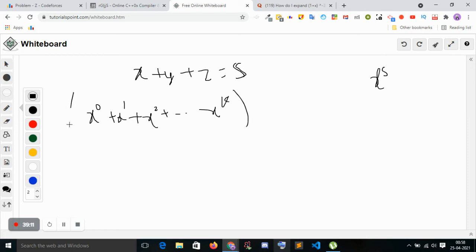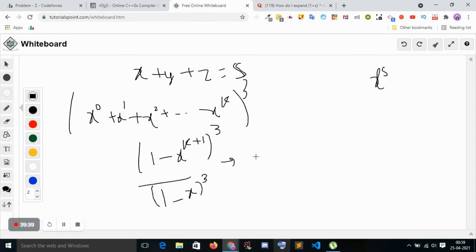How many times will we do this activity? 3 times, for x, y and z. If I solve using a GP, it will become (1 minus x to the power k plus 1) to the power 3, times (1 minus x) to the power minus 3. So let's try to solve this.